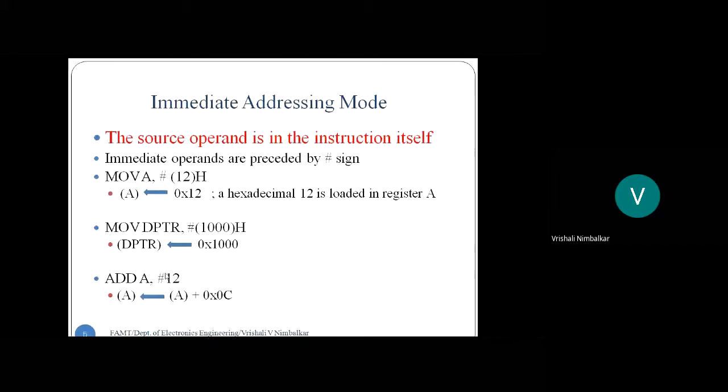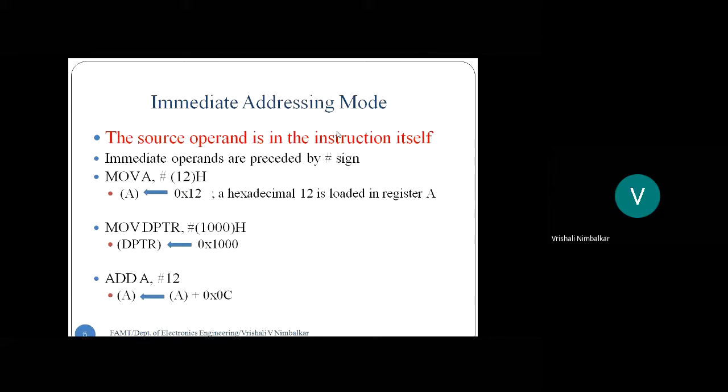If you do not write any base, the microcontroller assumes it as a decimal number. That C hex is added with the data present in the accumulator and stored back in the accumulator. So immediate addressing is represented by a hash, and the data is in the instruction itself. The source operand is in the instruction itself.